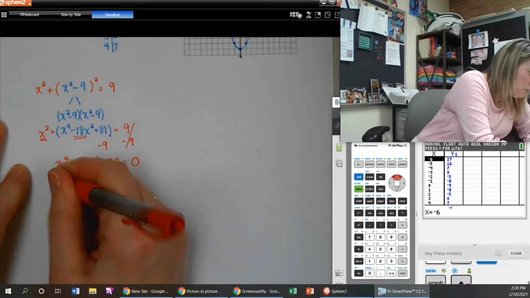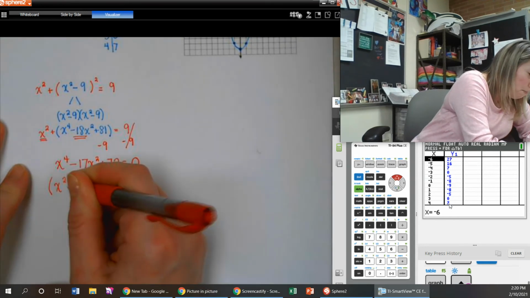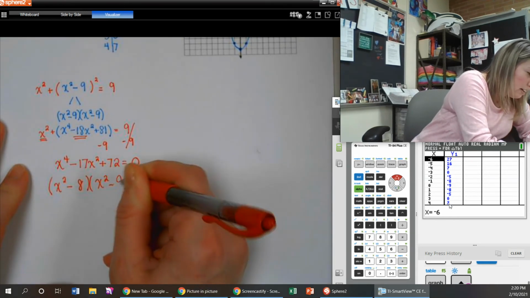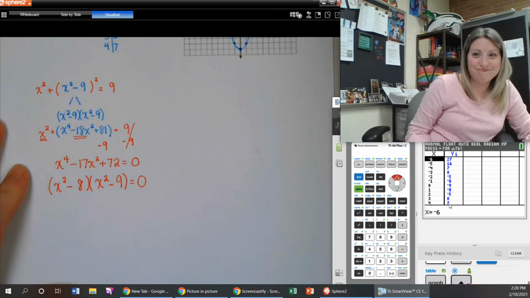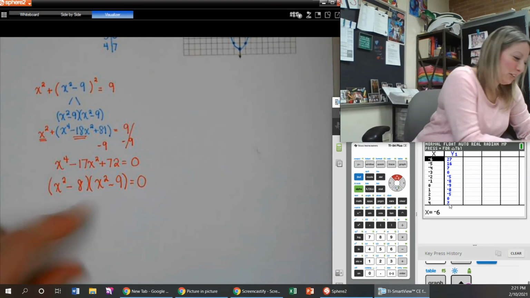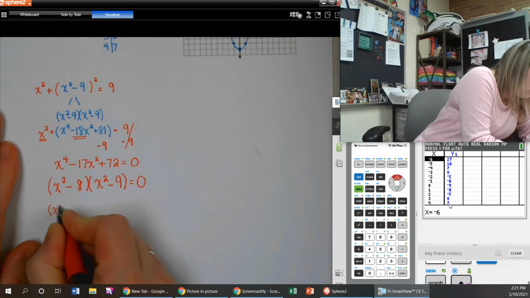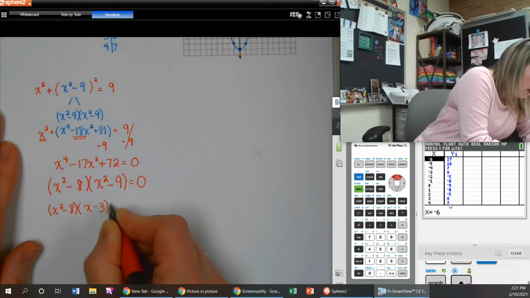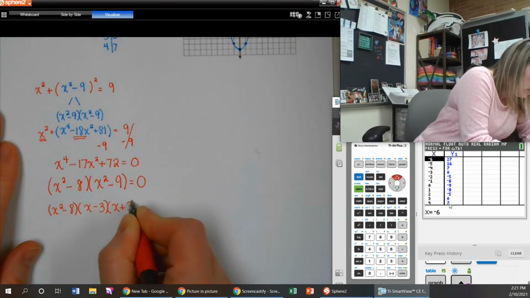This factors to become (x squared minus 8)(x squared minus 9). Yup, there it is. This is, of course, a difference of squares, so that will factor further. Bring down the x squared minus 8, and then we've got (x minus 3)(x plus 3) equals 0.